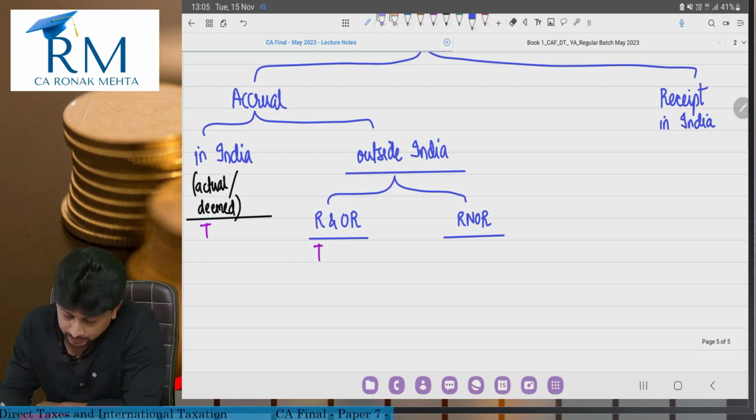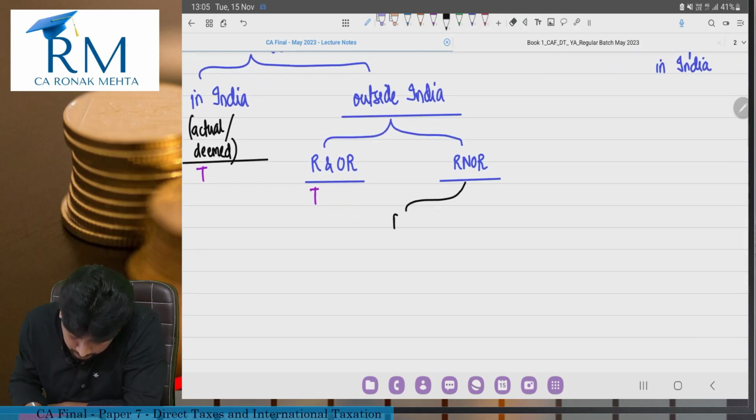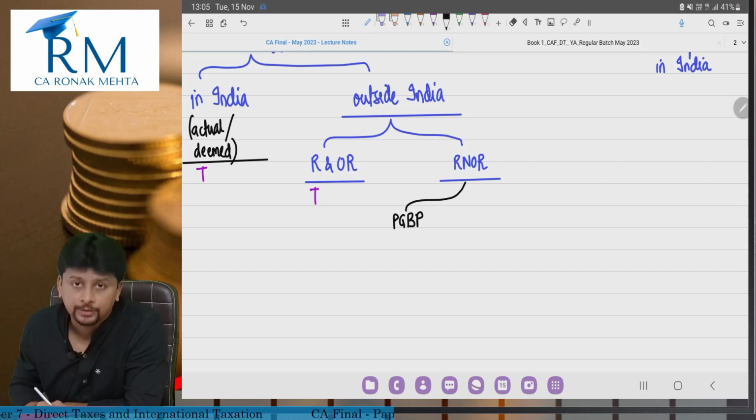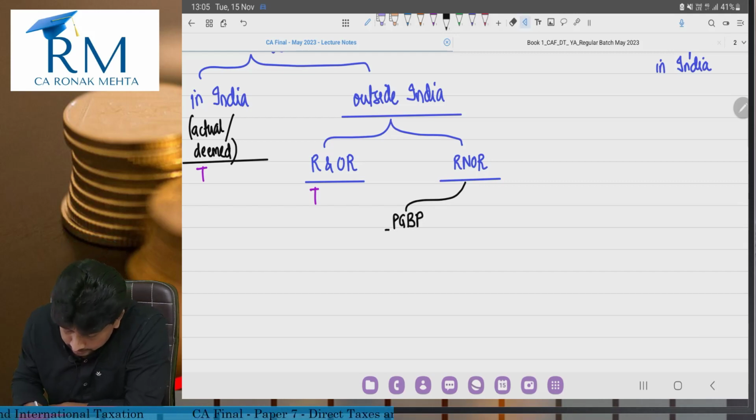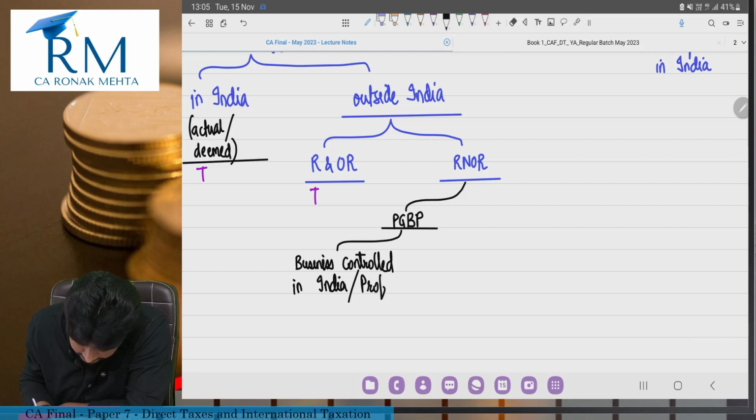One minute. So I am now thinking about the head of income called profits and gains of business or profession. Now my income is from PGBP, business activity. And when I am earning income under the head PGBP, if the business is controlled in India, or it's not a business, it's a profession, so the word is not controlled, the word is set up, but the profession is set up in India.